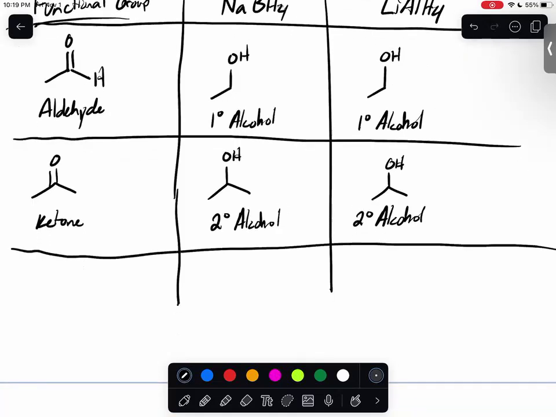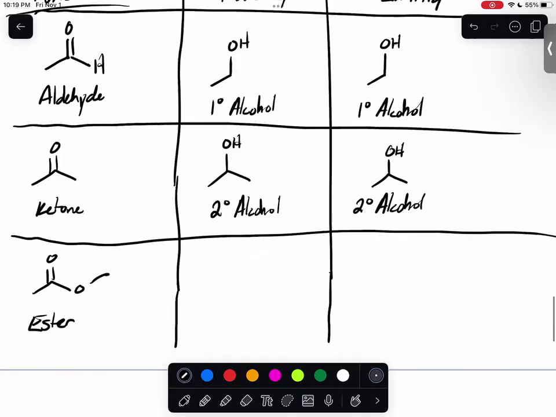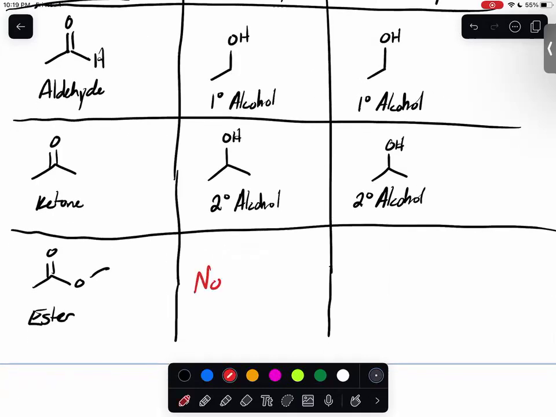Because if we try and do something like an ester, what we're going to see is that sodium borohydride has no reaction. And this may be a little bit of a surprise because I did say that these are relatively similar. They don't do much different. The thing that is different, though, is that sodium borohydride is weaker.